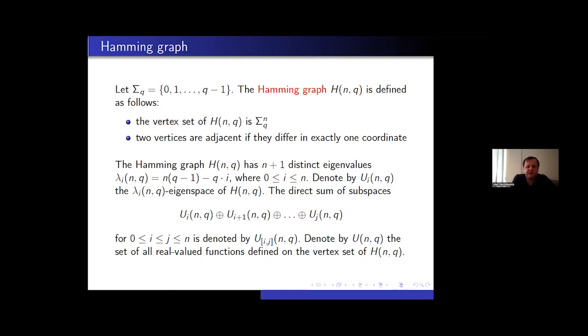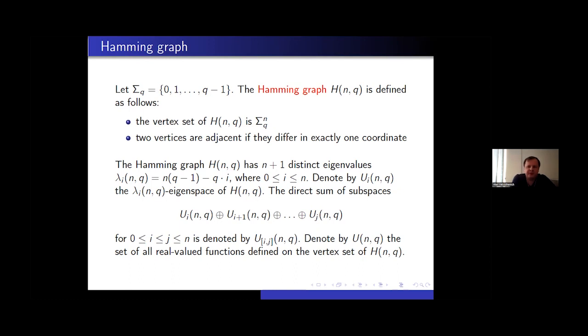The Hamming graph H(n,q) has n plus 1 distinct eigenvalues, lambda i of n,q, of this form, and we denote by U i of n,q the lambda i eigenspace of the Hamming graph.